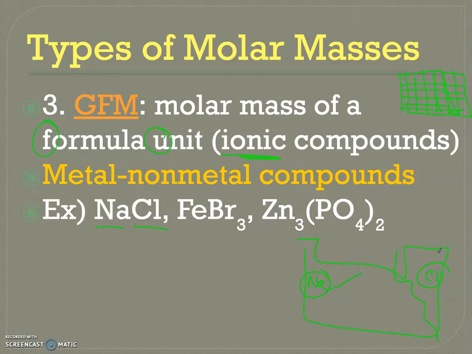This isn't a molecule. It is a repeating structure of Na bonded to Cl, bonded to Na, bonded to Cl, bonded to Na, bonded to Cl in a crystal lattice structure. And you want to make sure that you know the difference between those. And this is where you get like your iron bromide and you get your zinc phosphate. Don't forget about the 4s and the 2s and doubling what's inside.